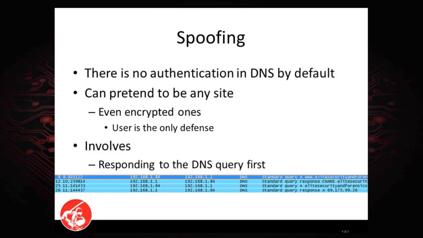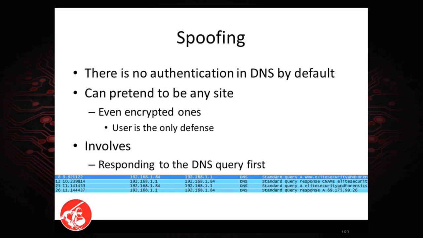Spoofing. We know there's no authentication in DNS by default, so I can pretend to be any site. Even encrypted ones. The user's the only defense. You've all seen this before. You go to a website and it comes up and says, I can't validate this site. And you click on, I understand the risks, confirm exception, add exception, all that type of stuff. You just accepted a spoofed or a man-in-the-middle attack. That was your one protection telling you that, hey, this certificate's not signed by a valid authority, and you allowed it anyway.